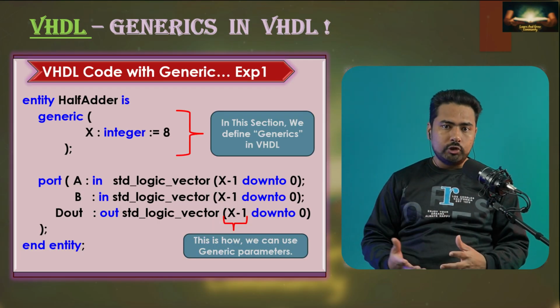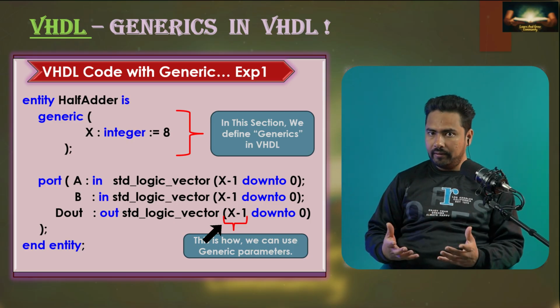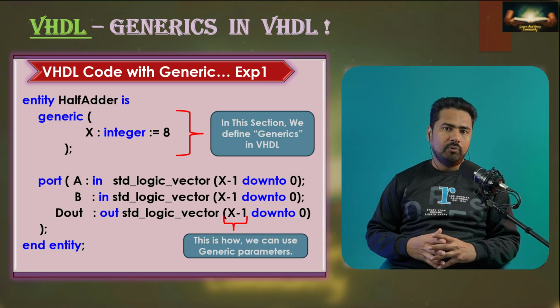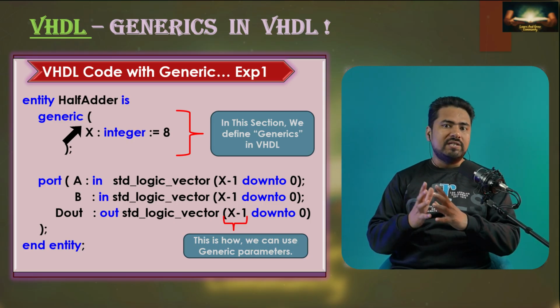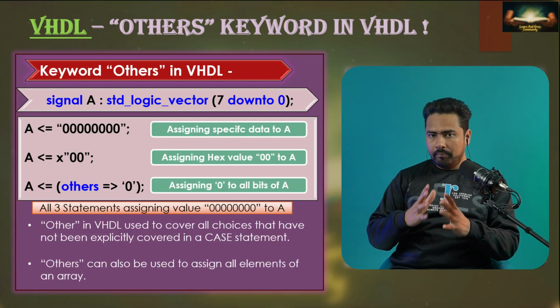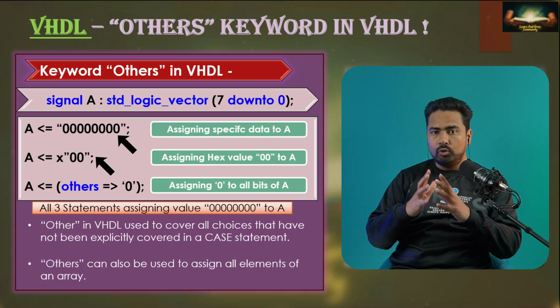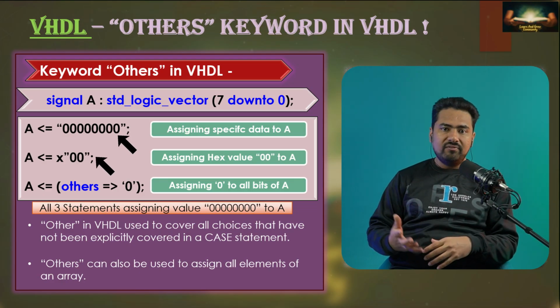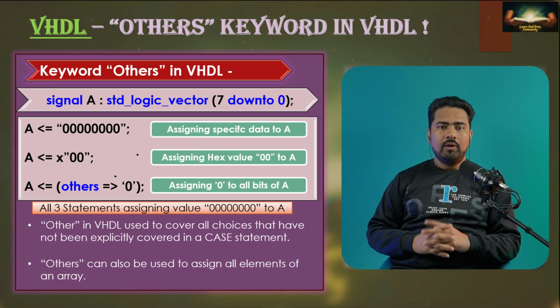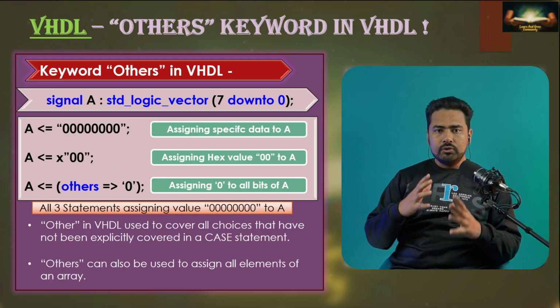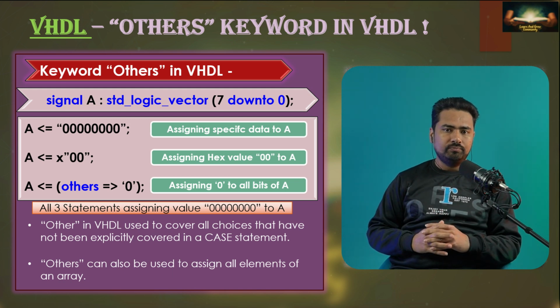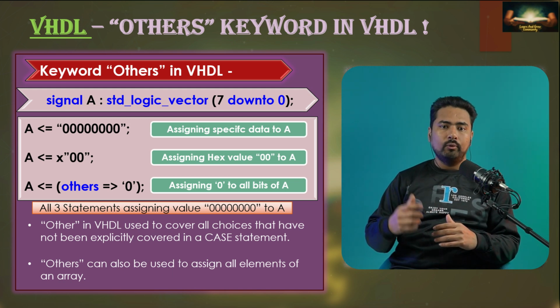So when you try to change the width of your signal from the generic, it will come up with an error, because you just changed the generic value for the vector signal, but did not adjust the initialized value or reset value of those vector signals. They are still fixed to some specific length because it is hard coded. So you will have a length mismatch and VHDL will not allow that.